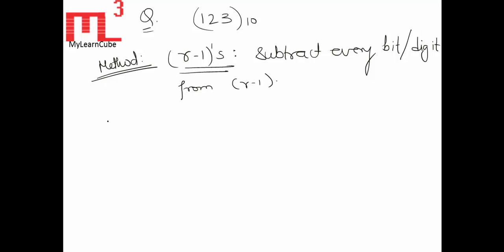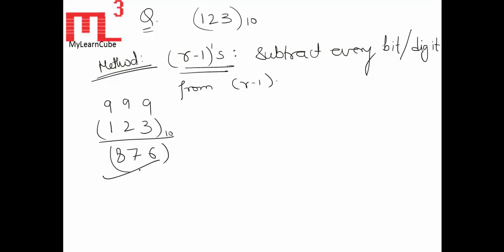That's a direct formula. Example: 123. You want to compute the 9's complement of this number. So subtract every digit from R minus 1, that is 9. So 876. This is the answer.